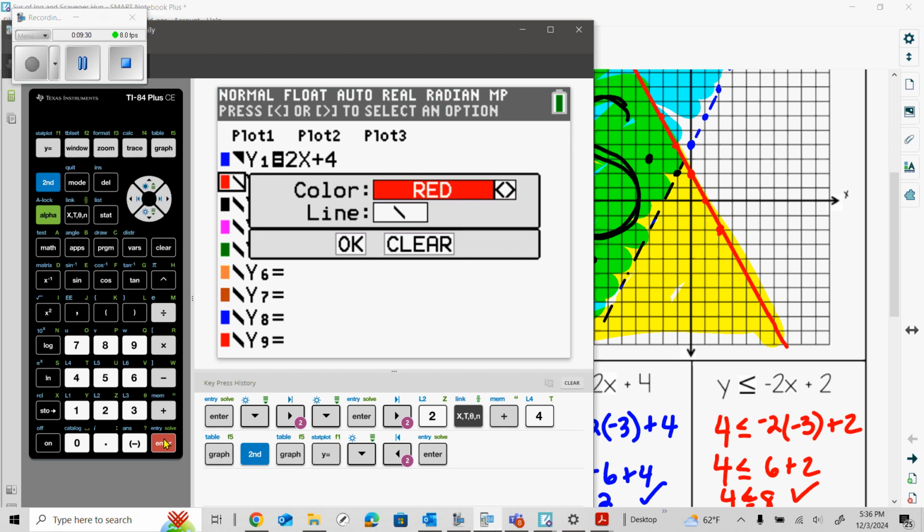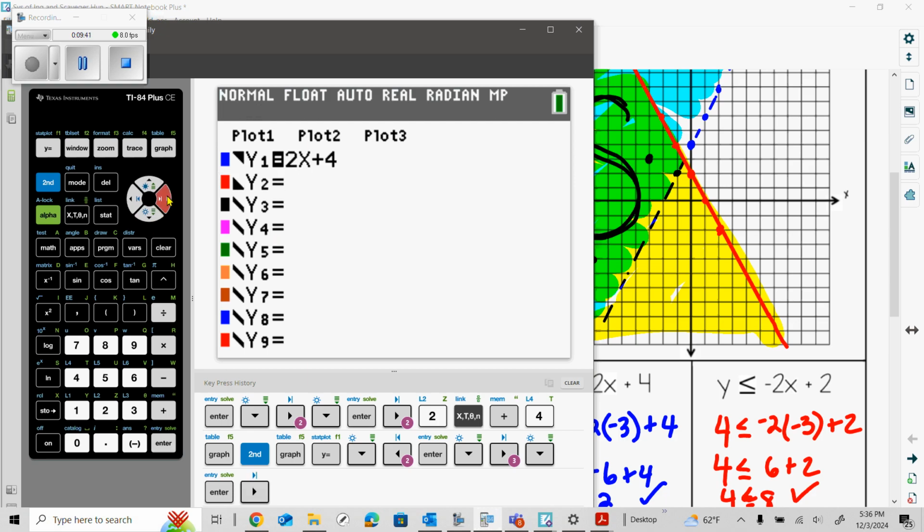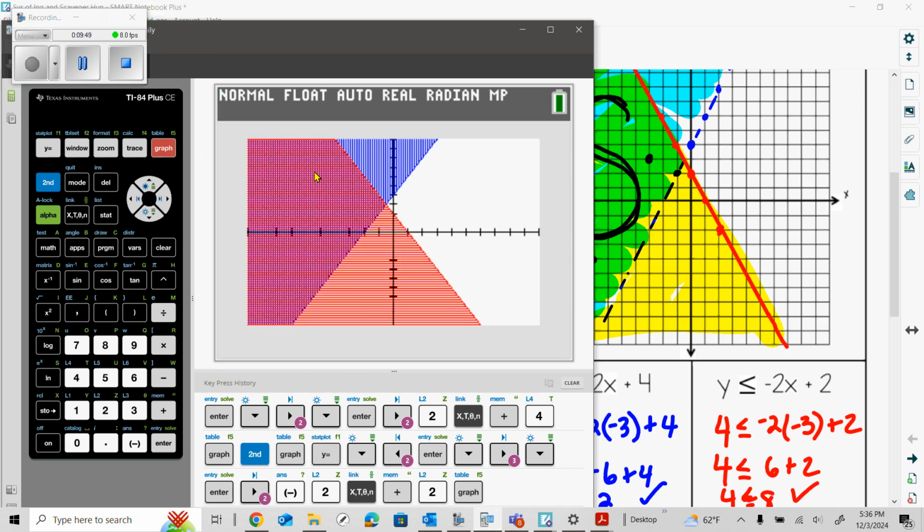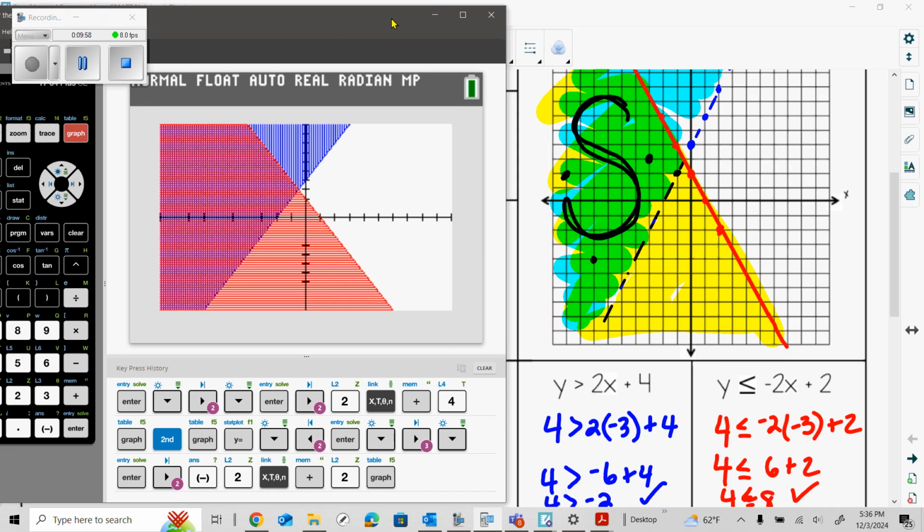This one we are shading below. So that was here, and then I'm going to set the arrow down and say OK. And then now I can type in the equation, which was negative 2x plus 2. And we're going to hit graph. And right here where the dark region is, the overlapping, that is our solution. And we can see we did those the same way, okay?